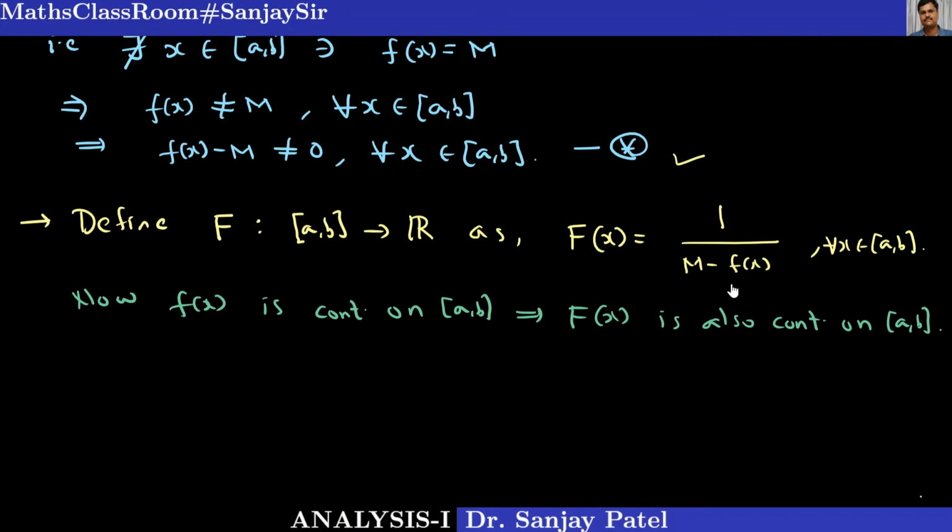And we know that if a function is continuous on a closed interval AB, it is always bounded, which we have proved in our earlier result. So the function capital F of x is bounded on closed interval AB.